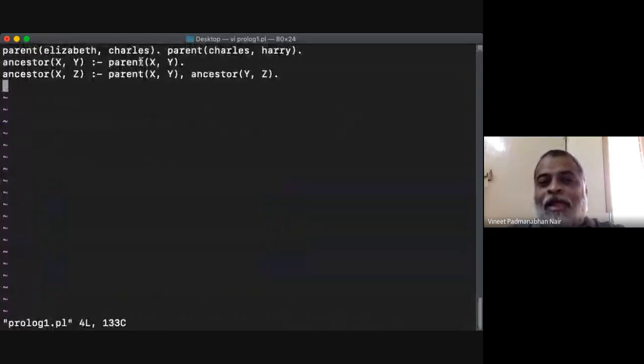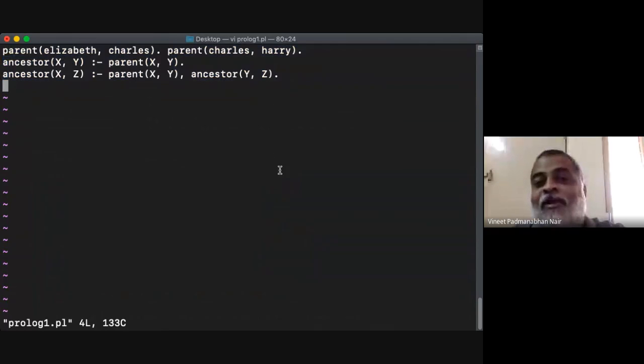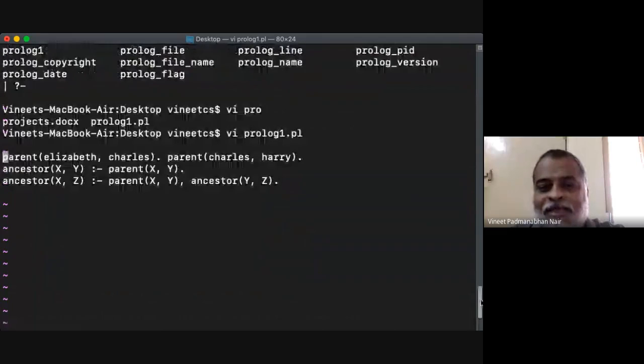Because Elizabeth is the parent of Harry is not there in your knowledge base. Elizabeth is the parent of Charles is there in your knowledge base, and Charles is the parent of Harry is there in your knowledge base, but not Elizabeth is the parent of Harry. That is why it is failing. So the second one fails.